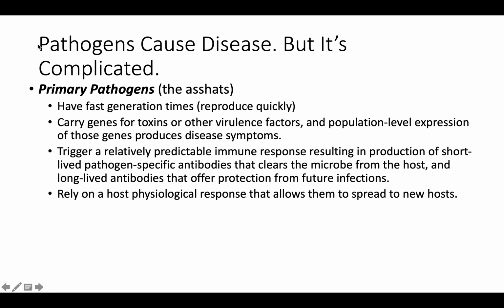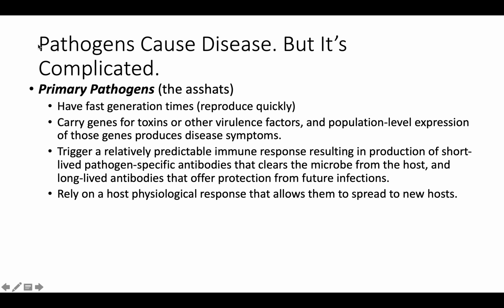These are also known as frontal pathogens. So when you hear primary or frontal, they are the same pathogen. And these are the guys that cause the acute infections. So they have fast generation times. Their motto is get in, reproduce quickly, get out, leave the host.